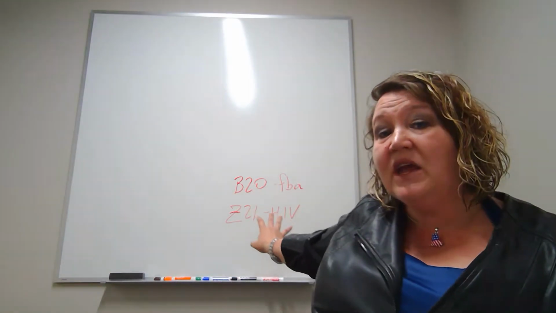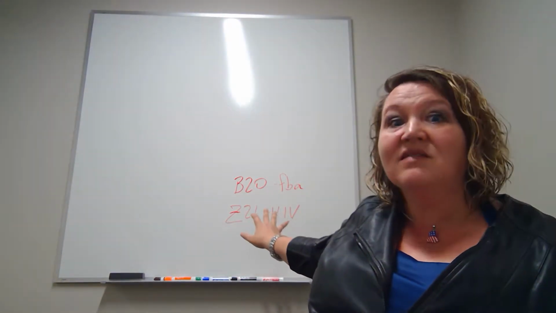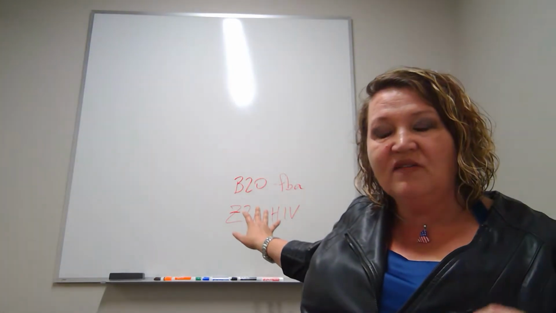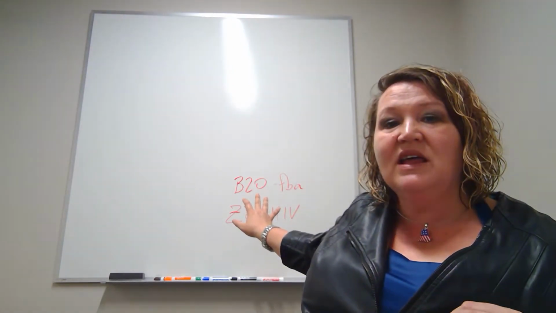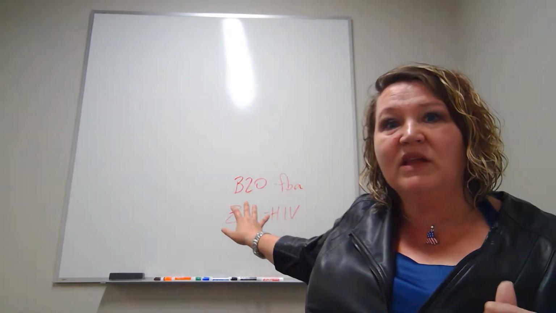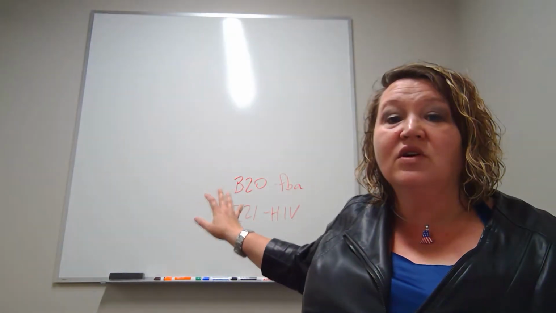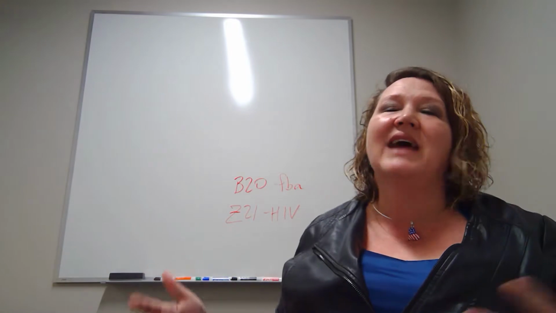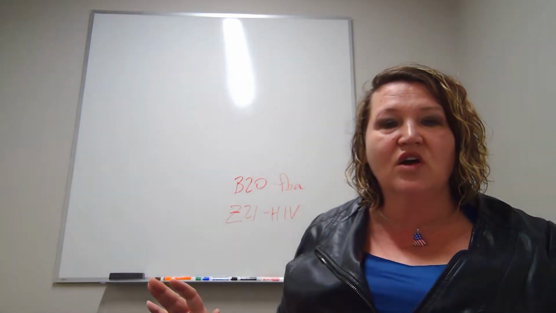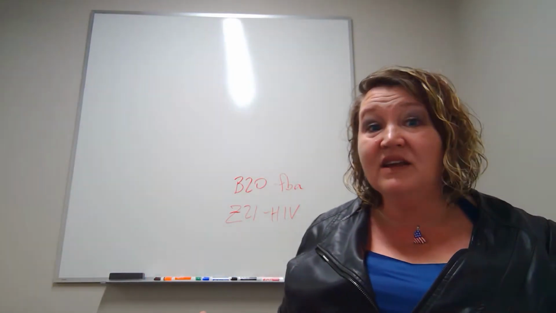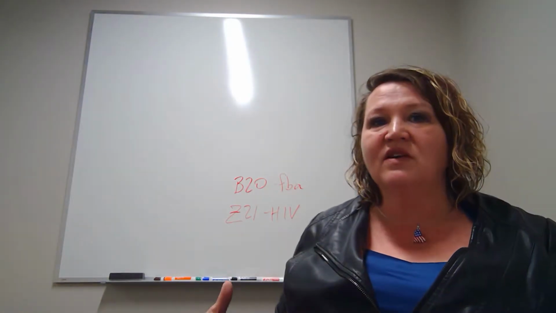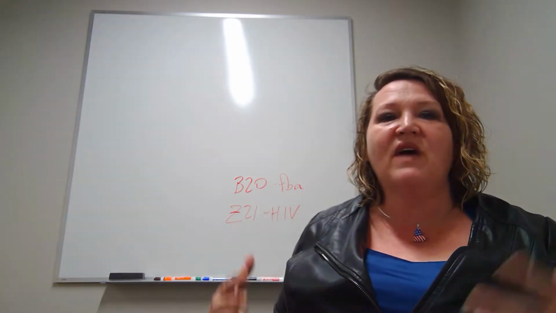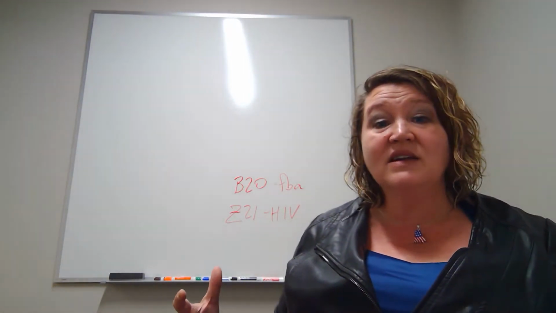So the B20 code, if they have AIDS, if they have the immune system breakdown, will always be listed first. However, if they just have the HIV infection, which I call activation, I don't know if that's the right term, but it hasn't activated yet. So it's still just a virus in their system, but it's not affecting their immune system yet.